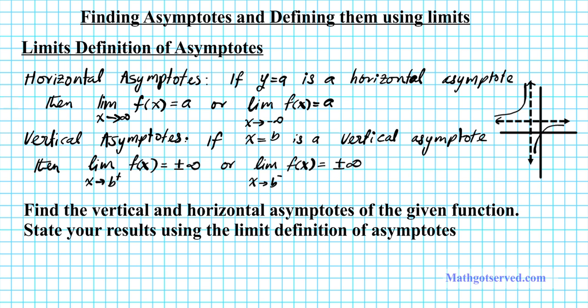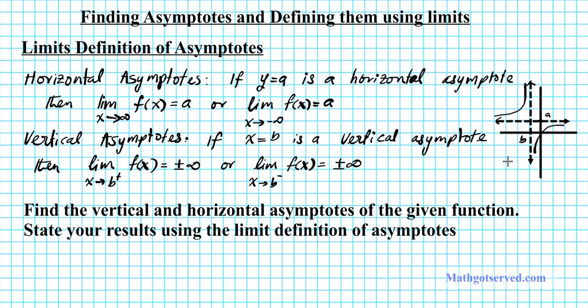Before we take a look at an example, let's look at a graphical representation of these two limit definitions of asymptotes. This is an x value, x equals b, so this is b right here. And this is a y value, f of x equals a.